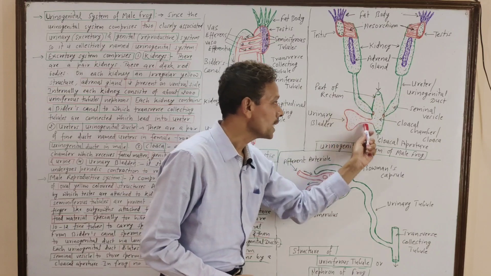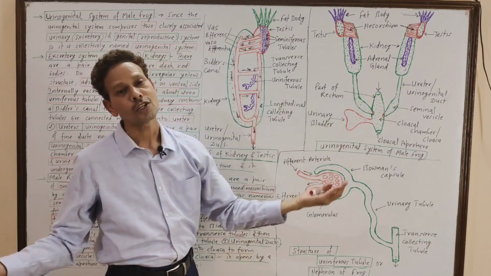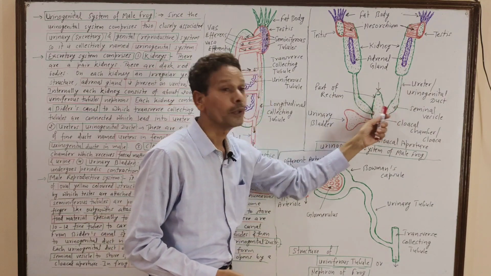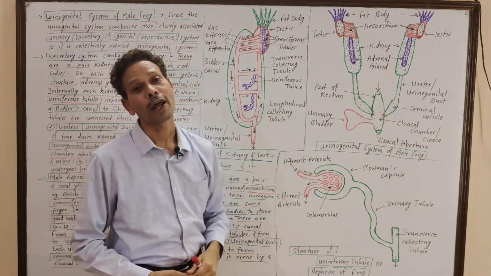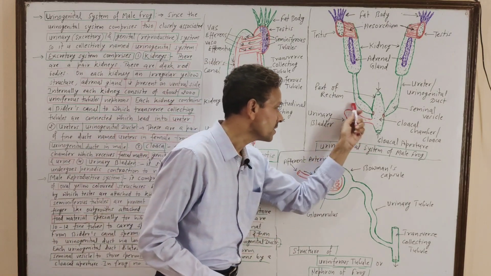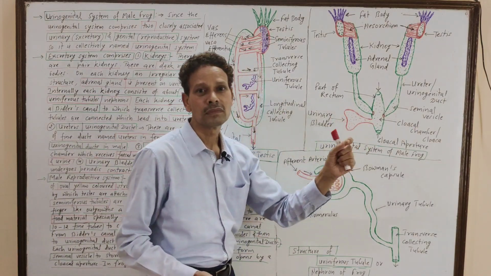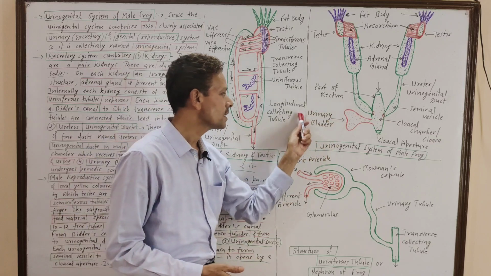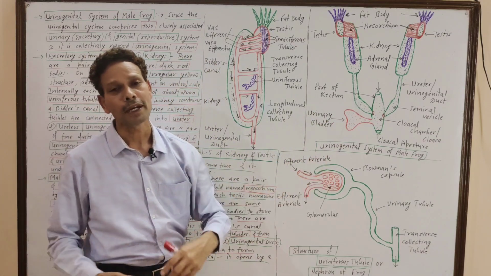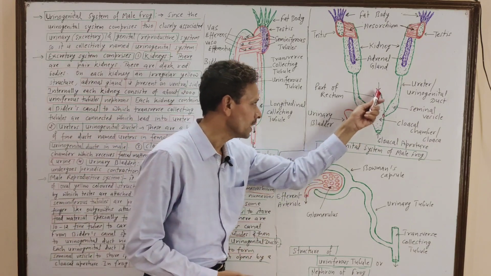The next part is the cloaca, a common chamber which receives fecal matter as well as urine and the male reproductive fluid discharge. And the excretory system also consists of a single urinary bladder which stores urine temporarily for some time.